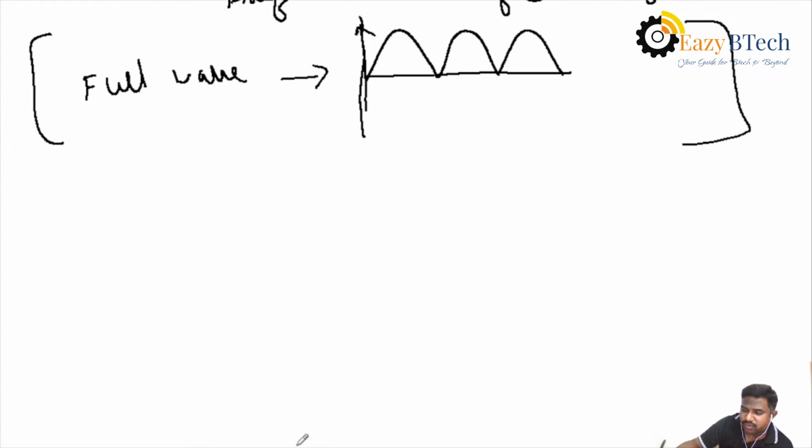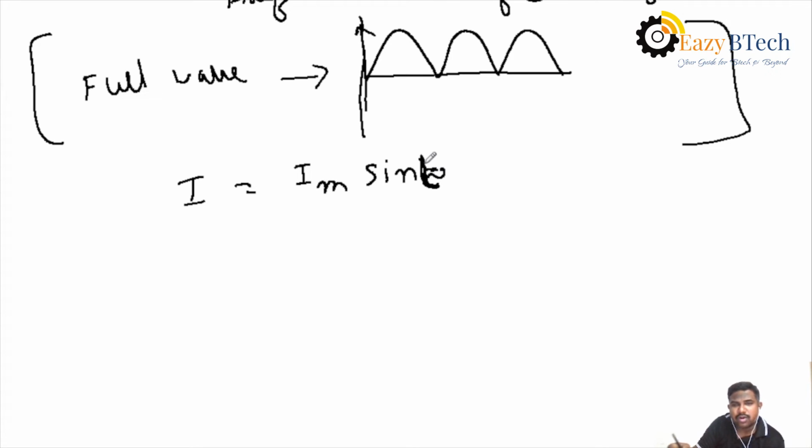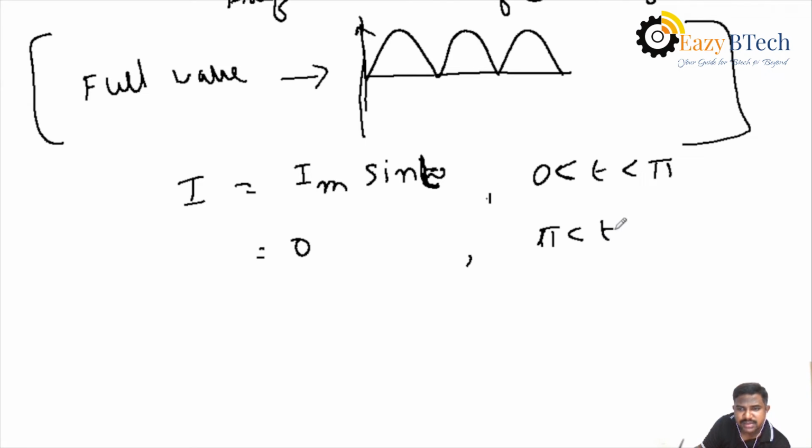This is the sinusoidal waveform. Then what is the equation? I equals Im sine omega t. In the waveform, the x-axis is given as t, that's why sine t in the range 0 less than t less than pi, and I is 0 in the range pi less than t less than 2 pi.